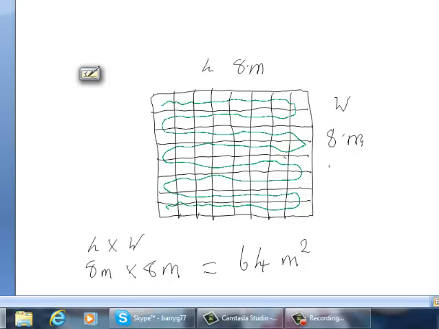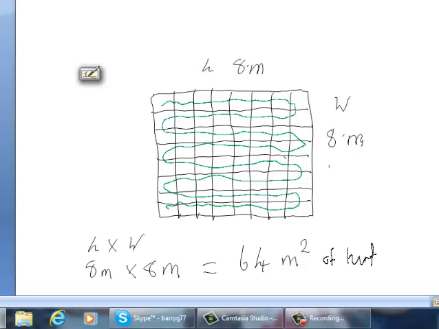So what we will do, we're going to state for this 64 meters squared of turf.